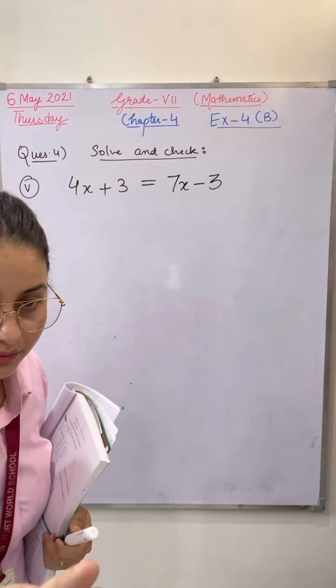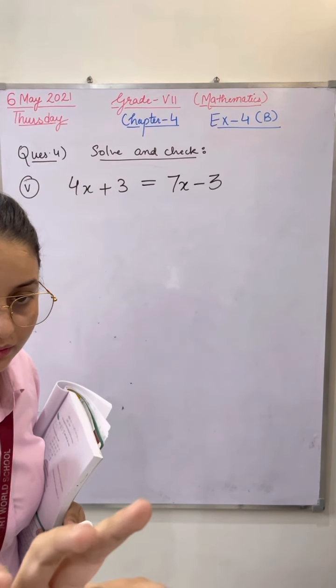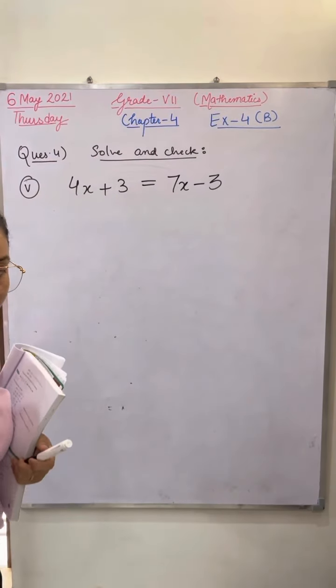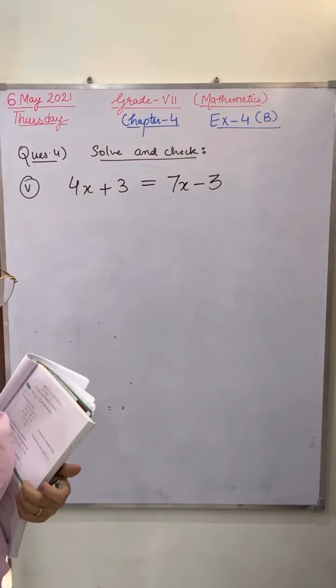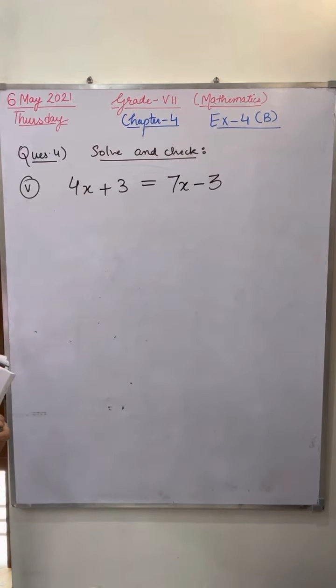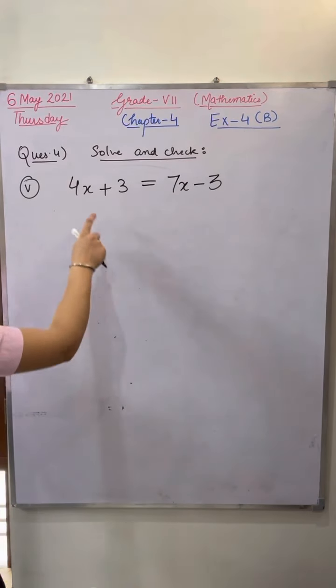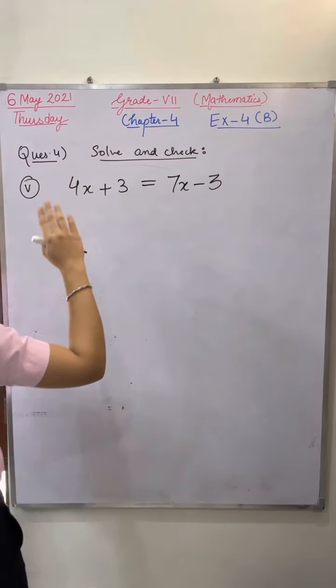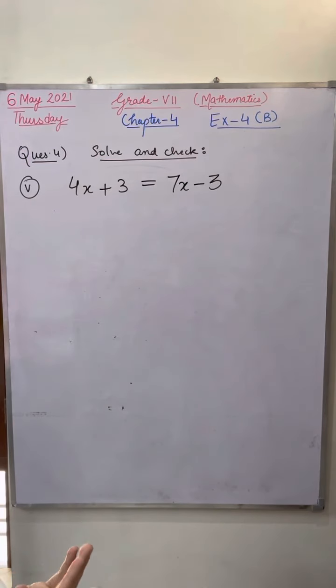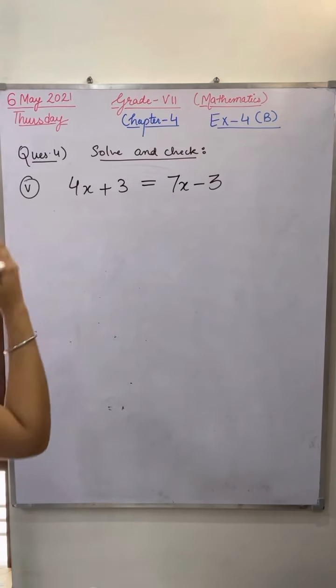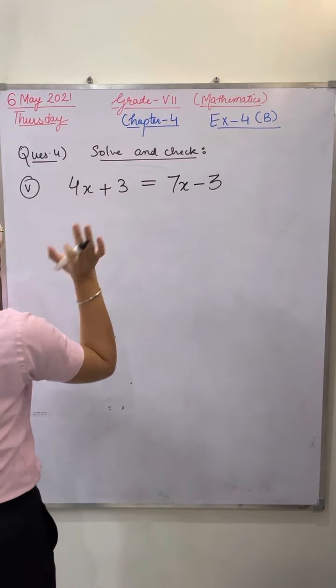Gurveer Kaur. Good morning, ma'am. Very good. Gurveer, please tell me, which step can I apply in the beginning? Ma'am, I think transposing. Very good, because we are having a constant value. Just look at the question.